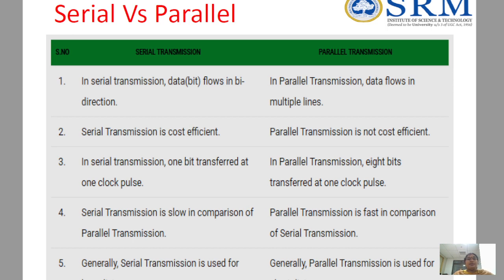In serial data transmission, one bit is transferred at one clock pulse, and in parallel data transmission, 8 bits are transferred at one clock pulse. Serial data transmission is slow in comparison with parallel data transmission. Parallel transmission is fast in comparison with serial data transmission. And serial data transmission is used for long distance communication, and parallel data transmission is used for shorter distance communication. Thank you.